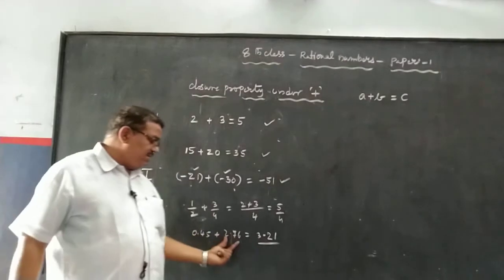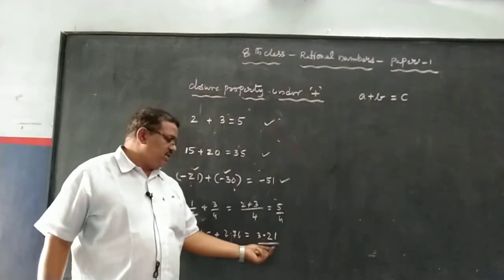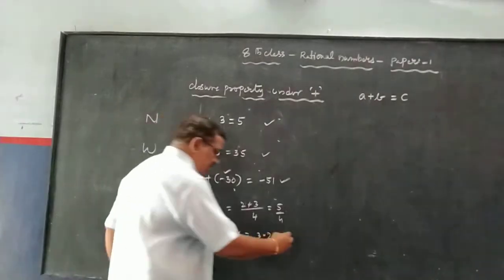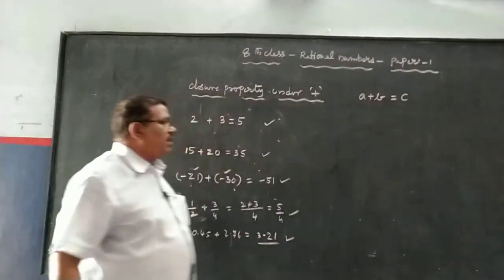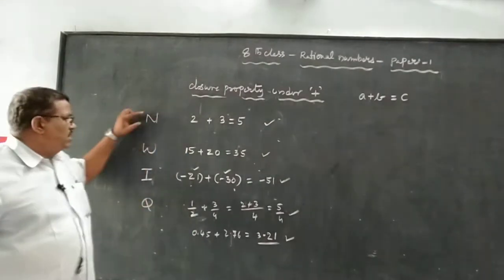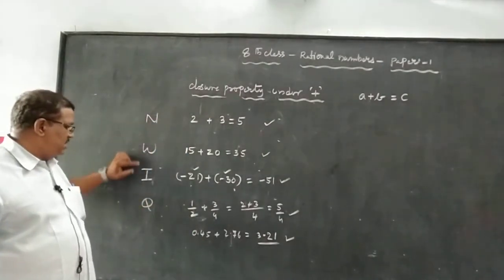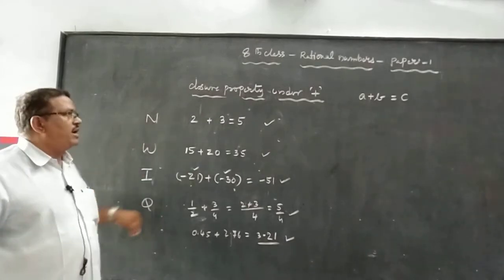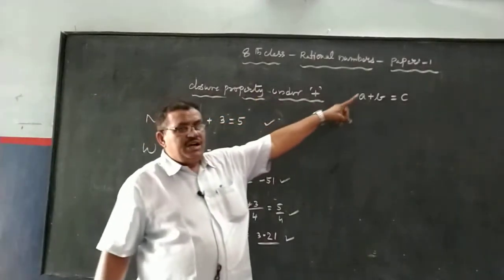The sum of two decimals is another decimal. So rational numbers also satisfy the closure property under addition. Finally the conclusion is natural numbers, whole numbers, integers and rational numbers satisfy the closure property under addition.